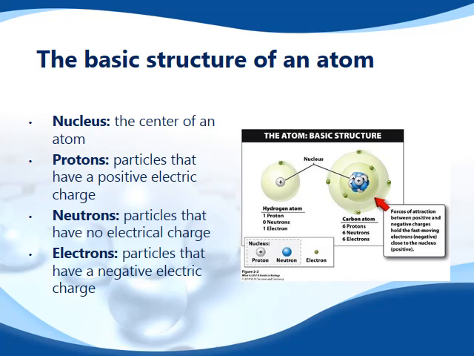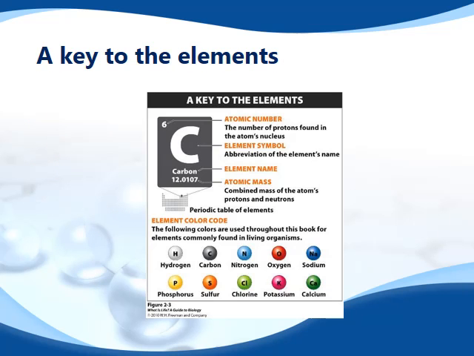If you have a problem remembering which particles have which charge, look at proton. You will see the first part of that word is pro, for a positive electric charge. Neutrons is very similar to neutral, having no electric charge.